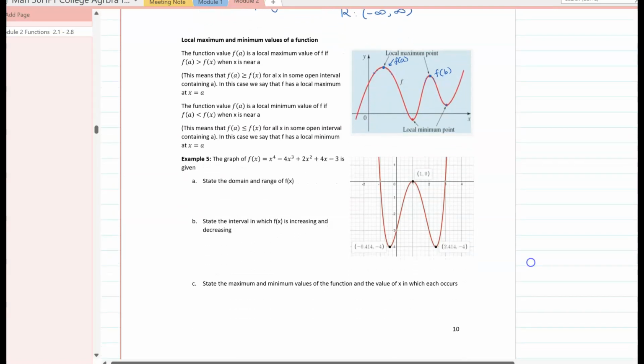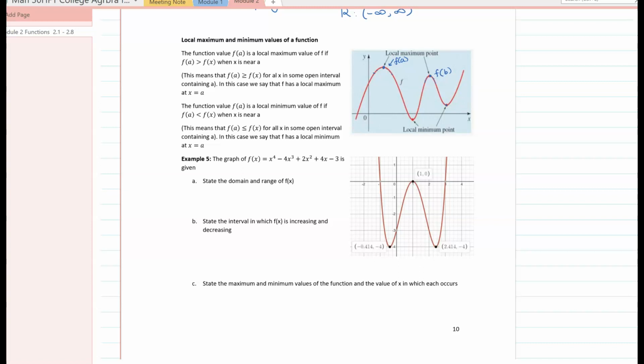Okay, so let's take a look at the next problem. The graph of f of x equals x to the fourth minus 4x to the third plus 2x squared plus 4x minus 3 is given. We want to state the domain and range of f of x.